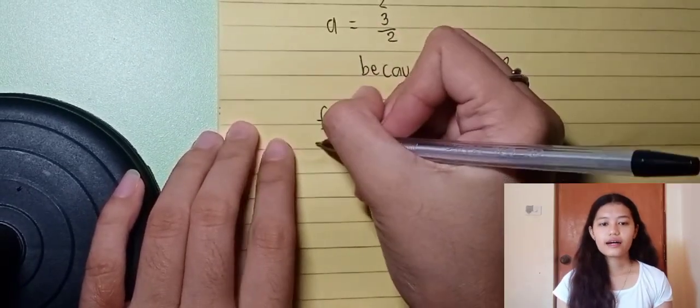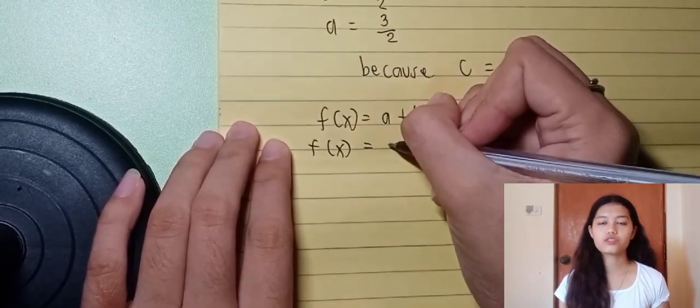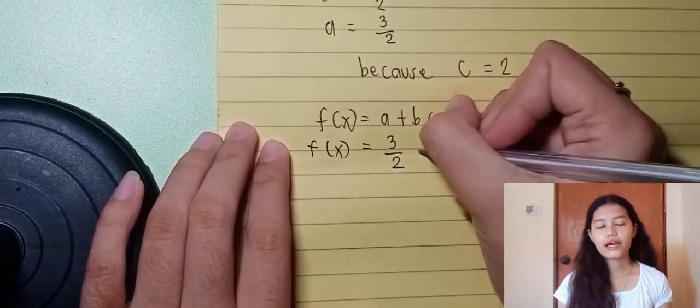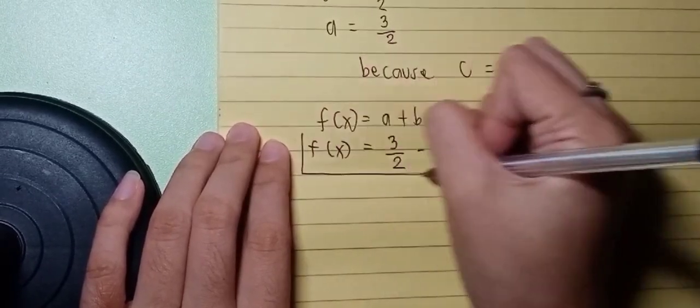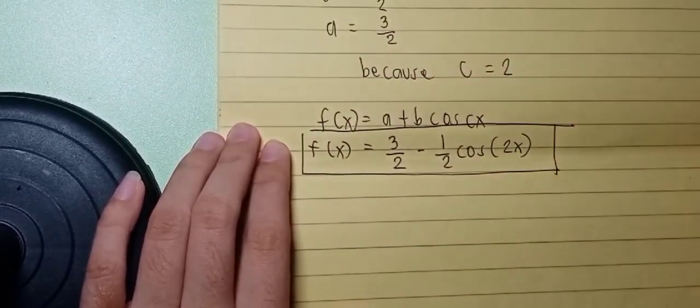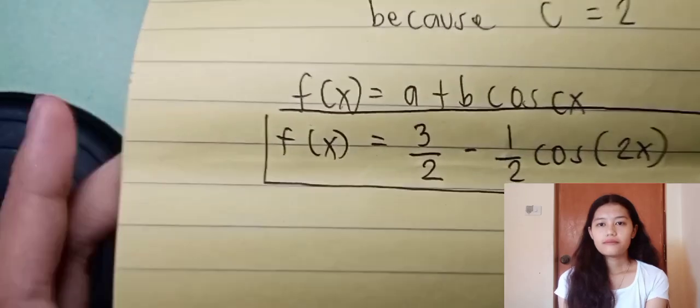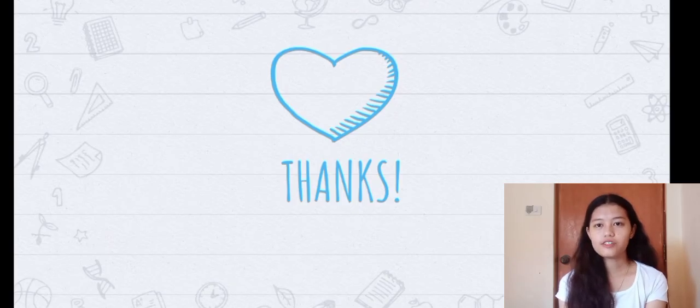We will get f(x) = 3/2 - 1/2 cos(2x). That's all. I hope you learned something about the given problem. Thank you.